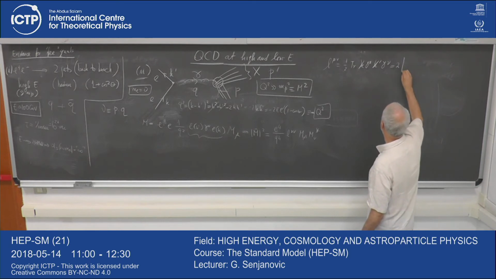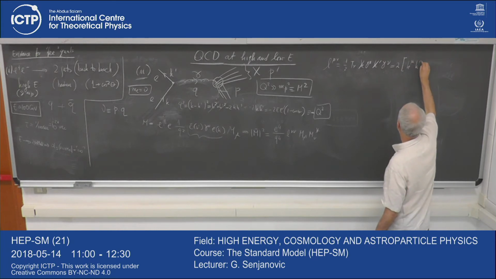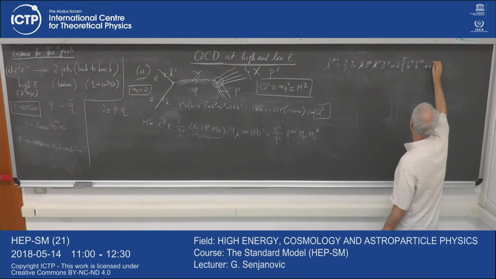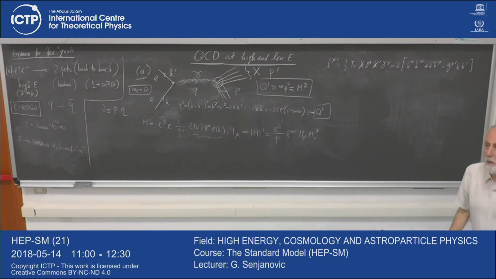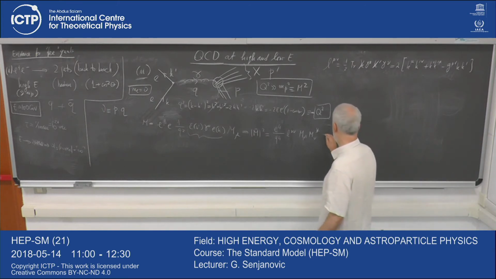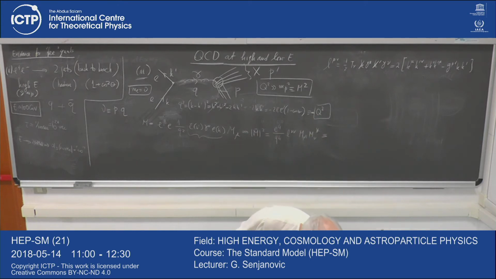This gives a factor of 4, so it becomes 2 times k mu k prime nu plus k nu k prime mu, and then minus g mu nu k dot k prime. You remember this? Okay, let's leave it for the moment, okay? This is normally written, let me get to the convention, I think with alpha squared.